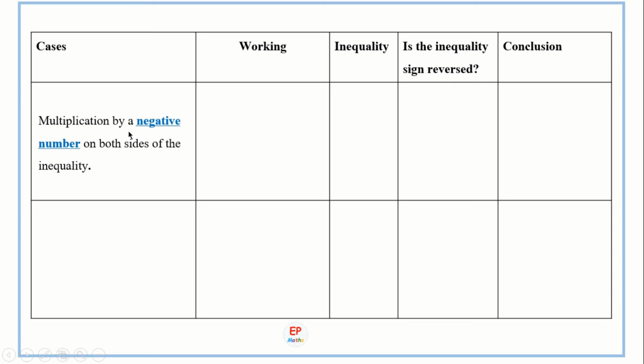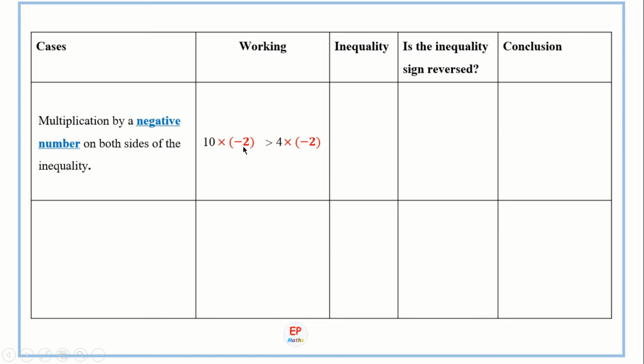Multiplication by a negative number on both sides. Remember, we have got 10 is more than 4. So, let us multiply by a negative number on both sides of the inequality. So we have times negative 2 and times negative 2.